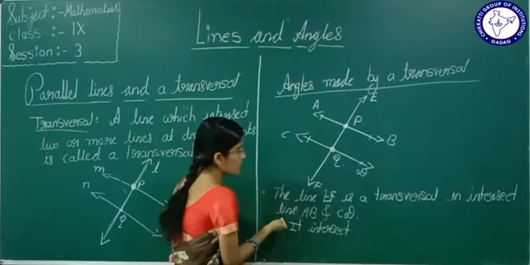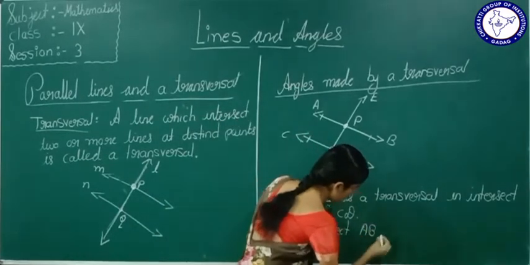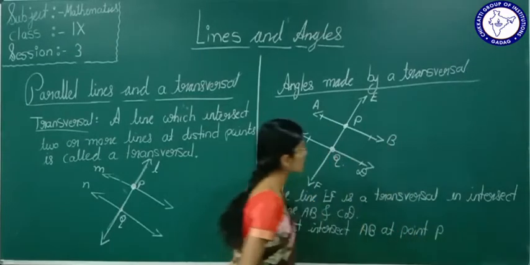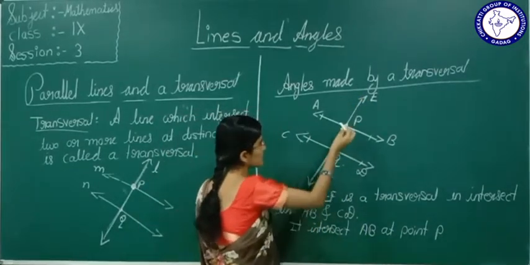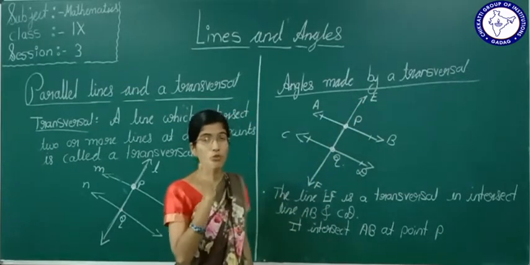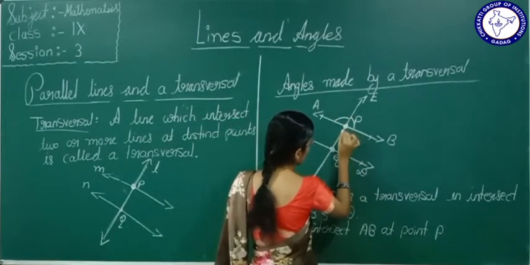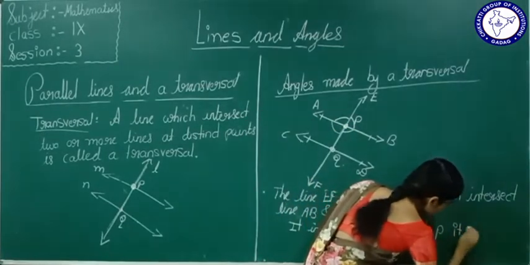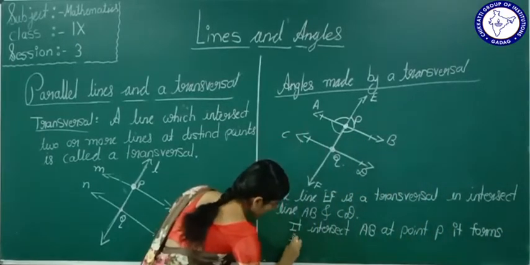Here line EF intersects AB at point P. When this line EF intersects AB at point P, it forms four angles. How many angles? 4 angles.